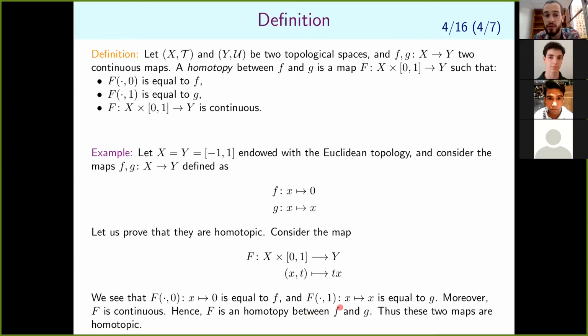So F dot 1 is equal to the identity, which is g. And this map F is continuous. So this is a homotopy between f and g. And you can say that f and g, defined like that, are homotopic.